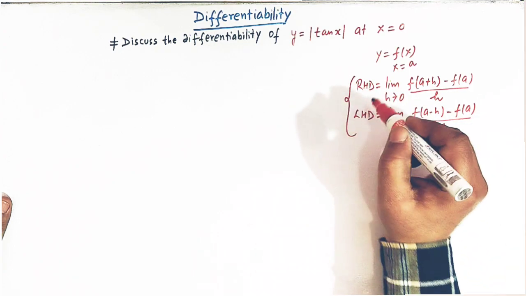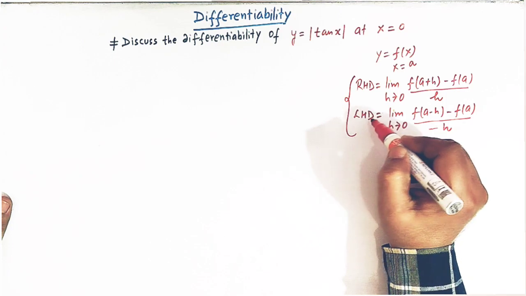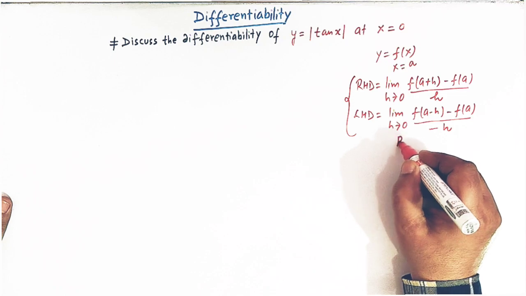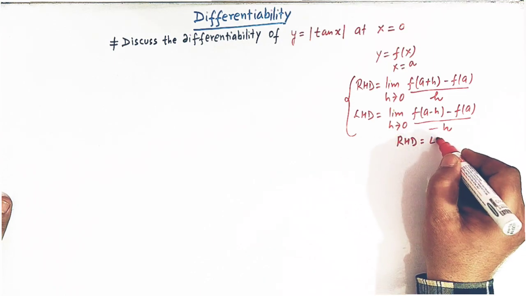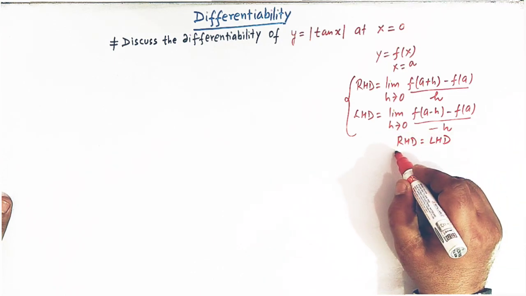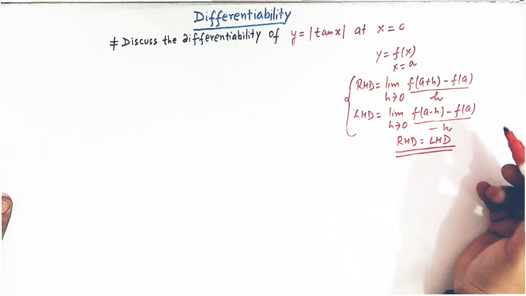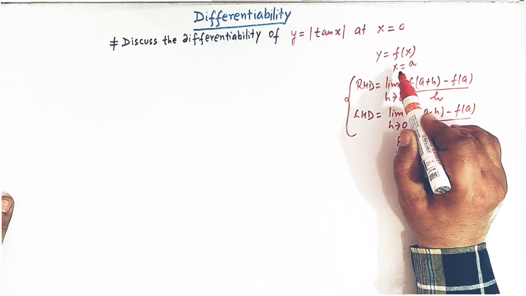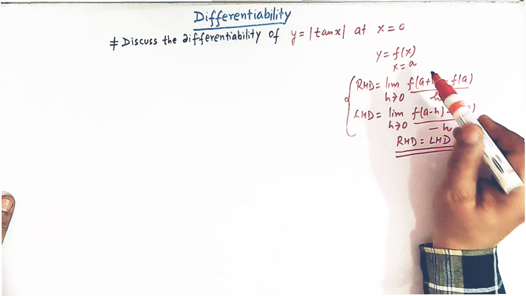So if the right hand derivative and the left hand derivative both exist and are finite, and the right hand derivative is equal to the left hand derivative, then we can claim that the function is differentiable at the given point x equal to a, right?